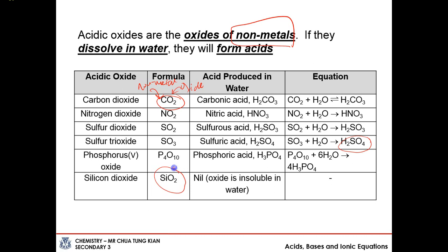SiO2 here, this is a non-metal oxide again, but it is not soluble in water to give us an acid. However, because this is an acidic oxide, based on the chemical reactions it can undergo, it can still take place in an acid-base reaction to give us salt and water. Later on, we will take a closer look at this.